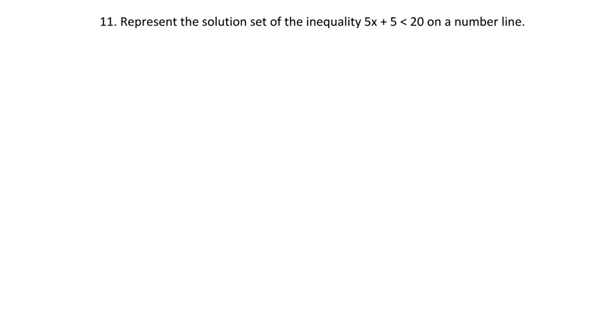Question number 11. Represent the solution set of the inequality 5x plus 5 less than 20 on a number line. Okay, so for this one, first let us collect the constant terms. Then our inequality is going to be 5x is less than 20 minus 5.